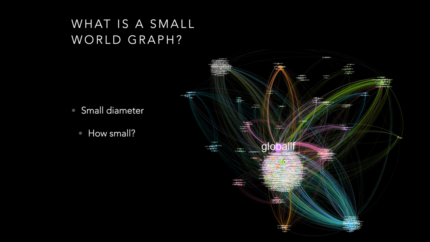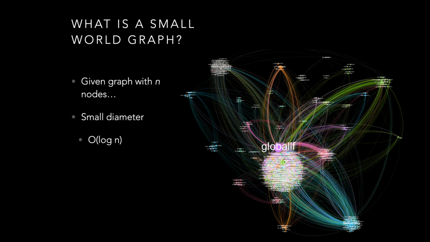We can ask some additional questions here when we talk about small diameter. How small are we talking? And when we talk about clustering, how much clustering are we really talking about? Now, there are some rules of thumb here. Given a graph of n nodes, a small diameter is generally a diameter on log scale. So given n nodes, the largest shortest path should be approximately logarithmic in n.